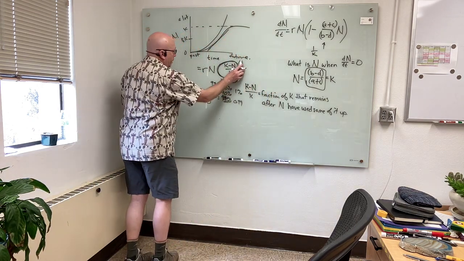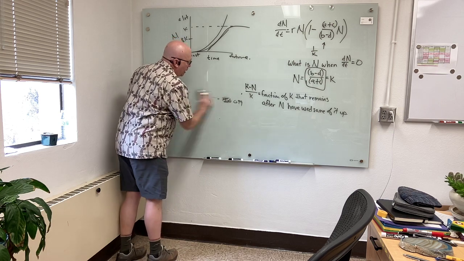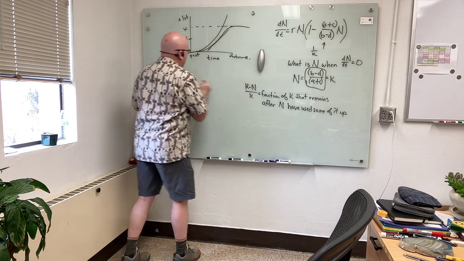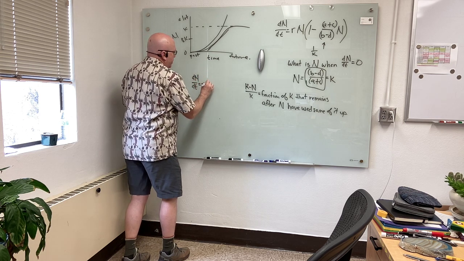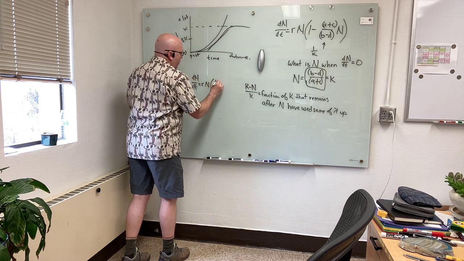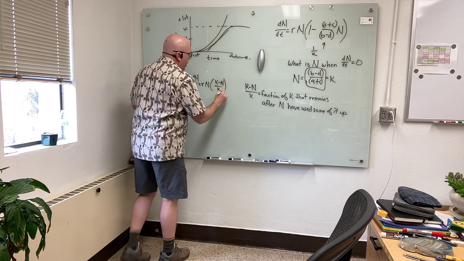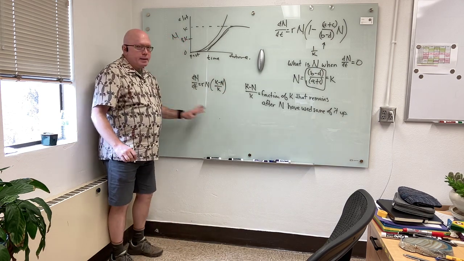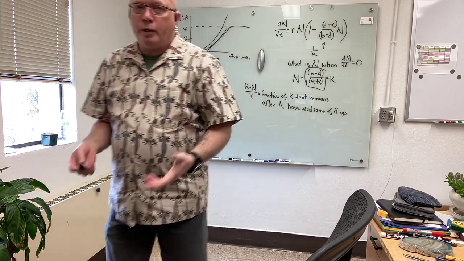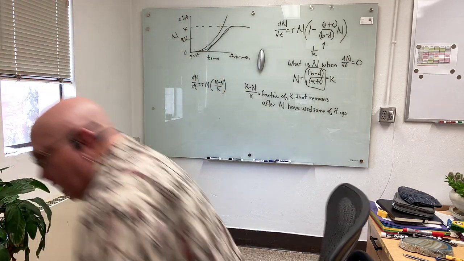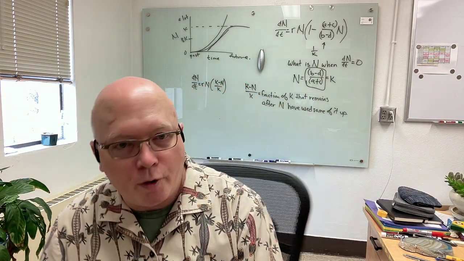And now I've cluttered it up quite a lot. I want you to know this equation, dN over dt equals r times N times K minus N over K. And I want you to know what that means in terms of population growth. And I think that one of the ways in which to get you to know what that means is to actually show you where that equation came from.